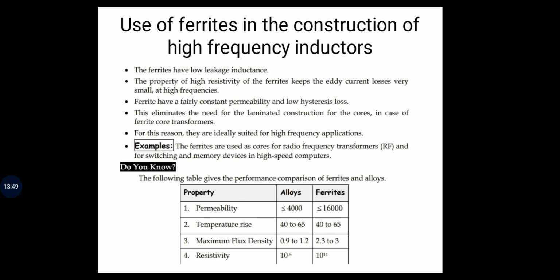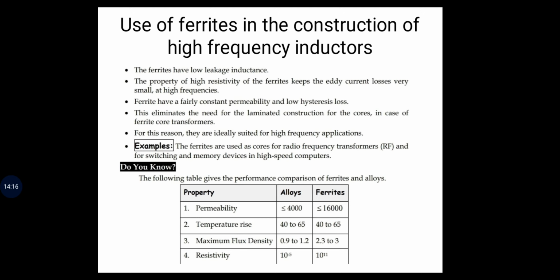These ferrites eliminate the need for the laminated construction of the cores in the case of ferrite core transformers. So if you use ferrites, laminated core construction is avoided.